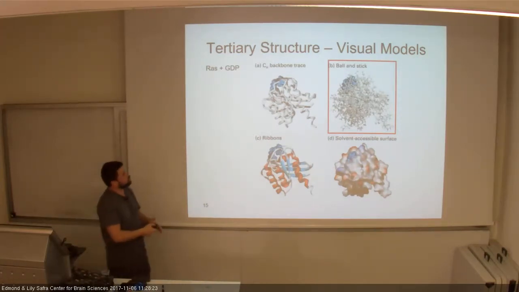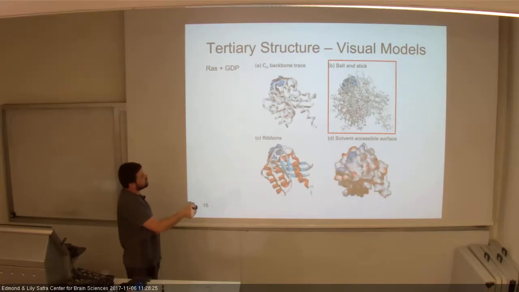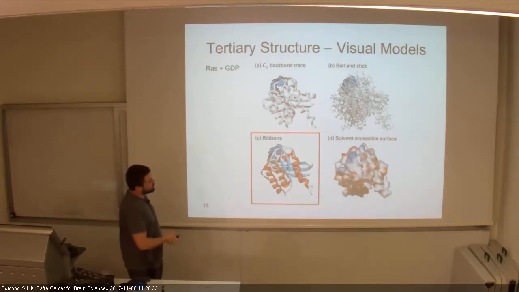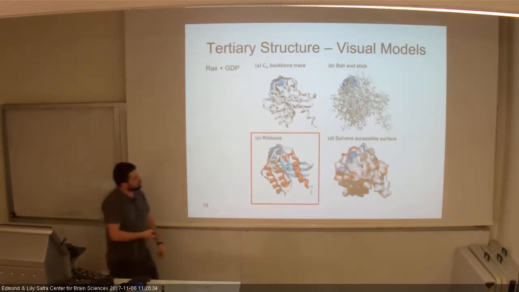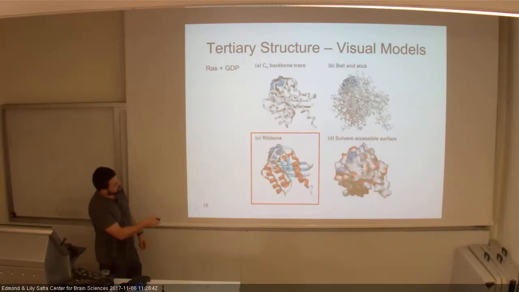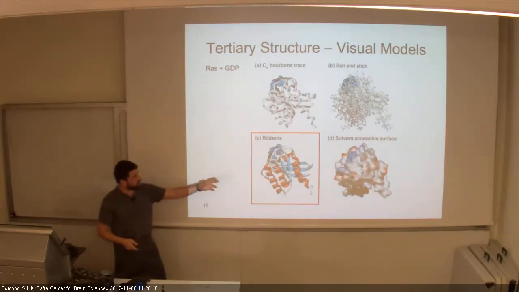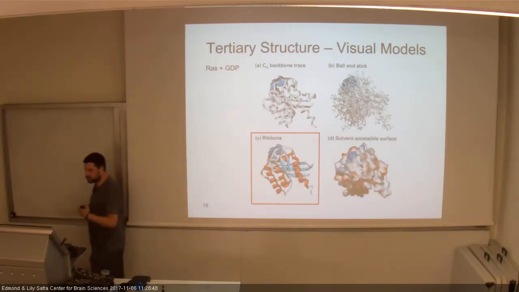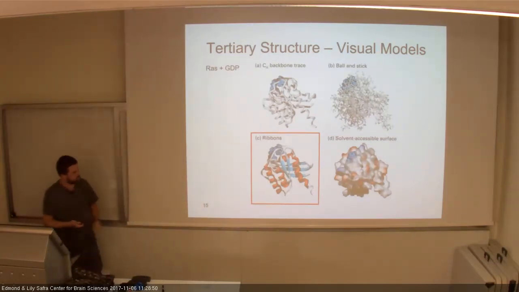It's much richer than the backbone from what you saw here. Then you have the ribbon structure, which is also very common. This is especially good to show secondary structures. So, for example, these are alpha helices. Beta sheets are these light blue in the back. But again, you don't see the residues of the amino acids.